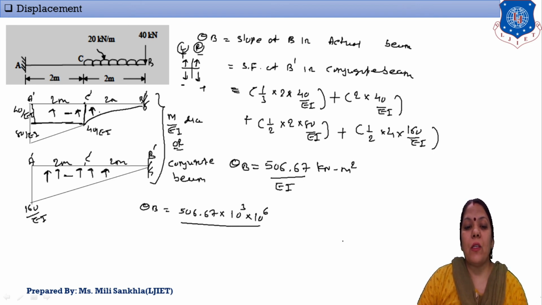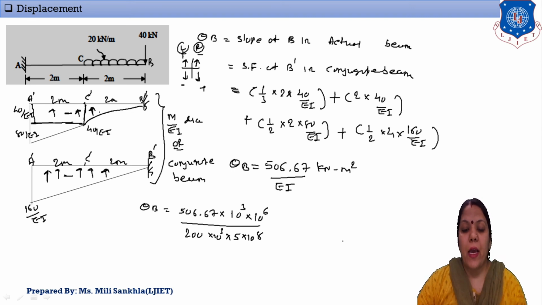Value of E is equal to 200 into 10³, and I is equal to 5 into 10⁸, and my answer is equal to 0.005067 radian in clockwise direction.